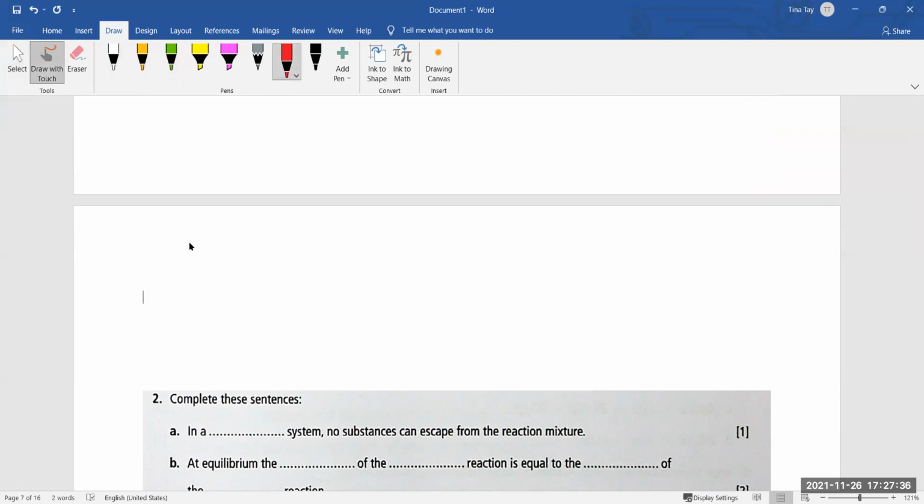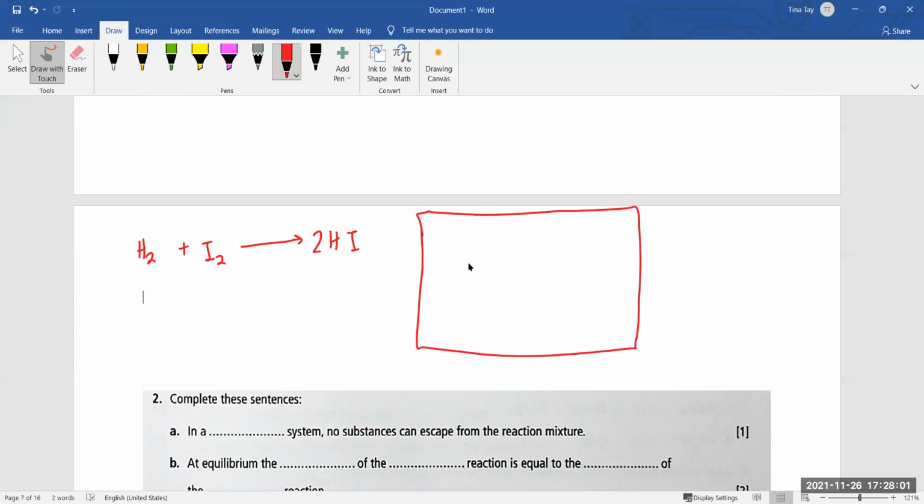Okay. So let's look at this. When hydrogen reacts with iodine, it forms hydrogen iodide. Now, this reaction is reversible, but I put it in a closed container.